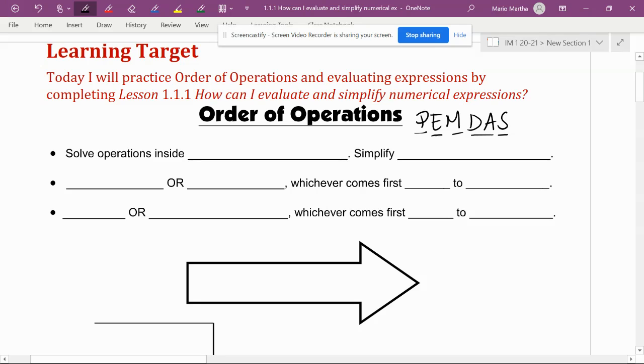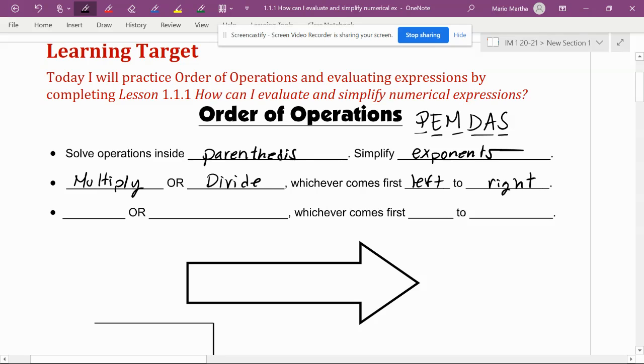In order for us to start solving or simplifying a problem, we start by solving operations inside the parentheses. And then after, we simplify exponents. After that, we continue from left to right and we multiply or divide, and again, whichever comes first, left to right.